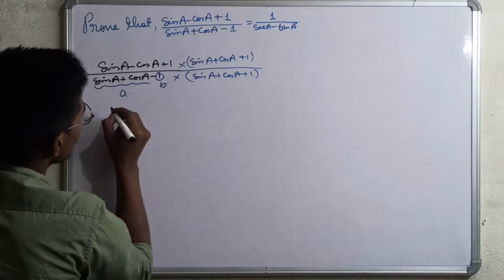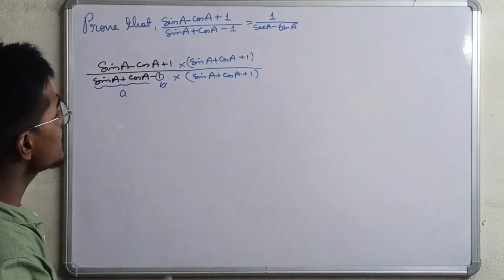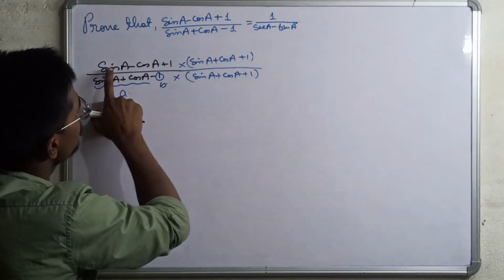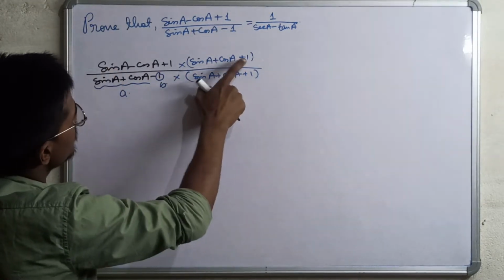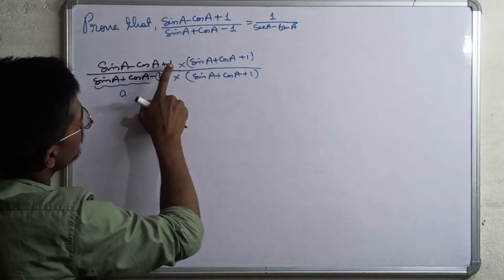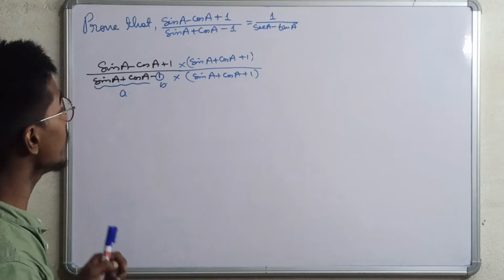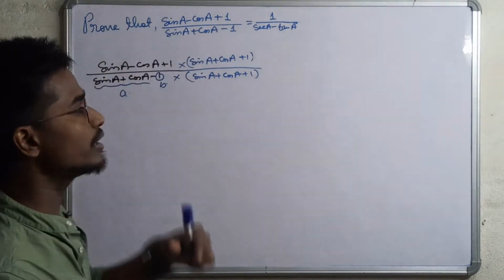Now, you can multiply sin a with all these three terms, minus cos a with all three terms, and plus 1 with all three terms. Or you can think in a more efficient way.